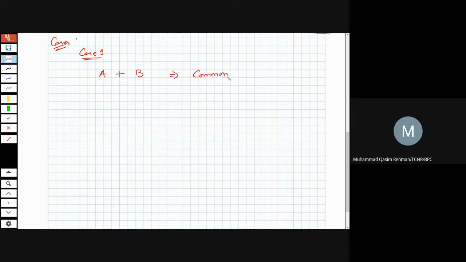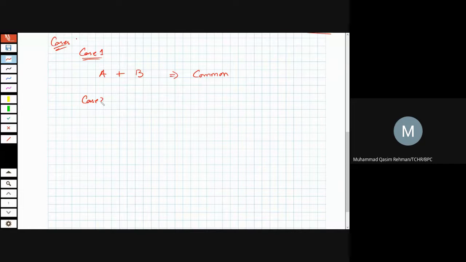How to take a common and what is the actual meaning of common, I'll tell you that later on. Whenever you have two terms, regardless of whether the whole expression is linear or quadratic or coded quadratic or whatever it is, and you have a positive sign between them, just simply take a common from both terms.